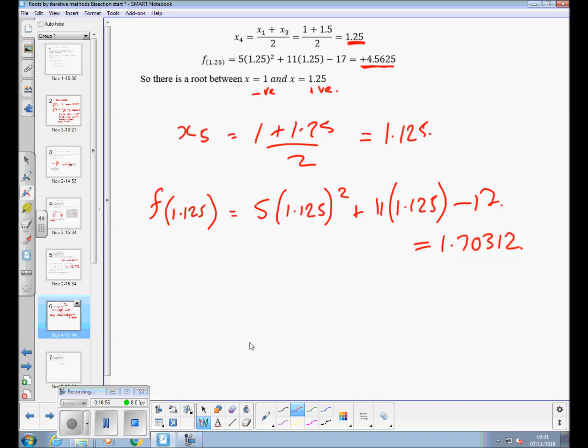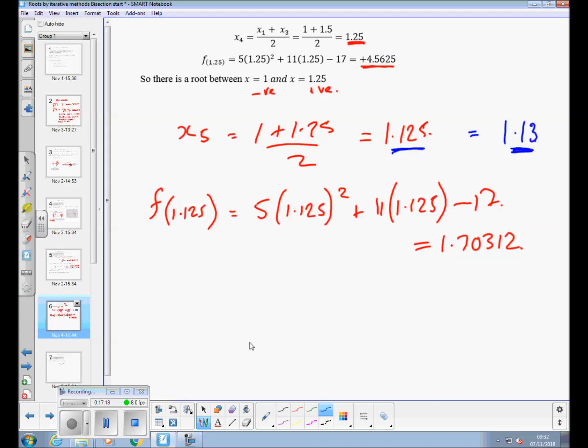What we want to start doing is recording this value to 3 significant figures. So what's that to 3 significant figures? 1.13. Yeah? Carry that process on.